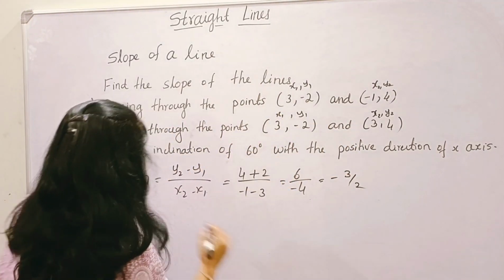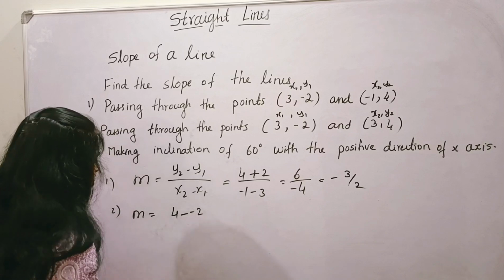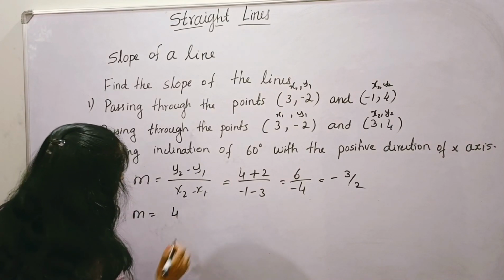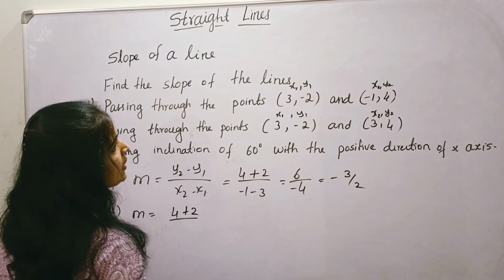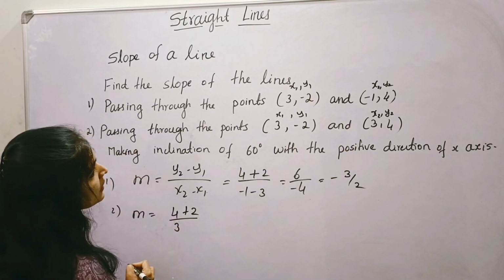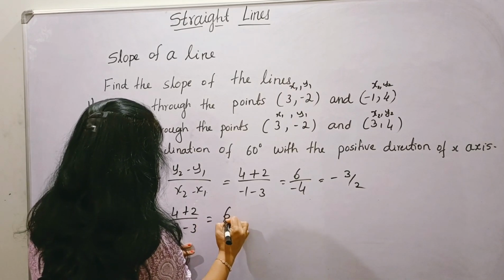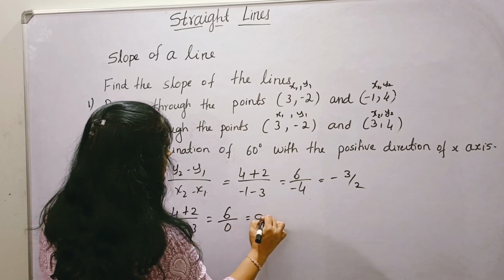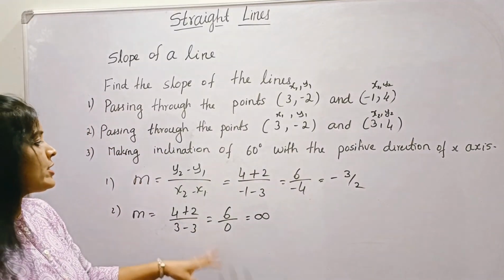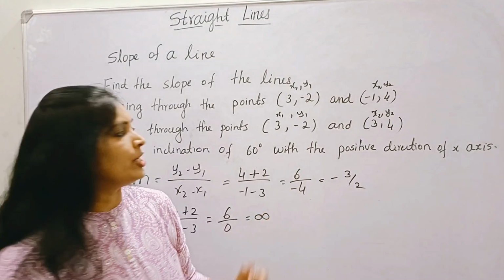That is 4 minus minus 2, that is 4 plus 2, divided by 3 minus 3. 3 minus 3 is 0, so it is 6 divided by 0, which is infinity. It is not defined. So here the slope approaches infinity.